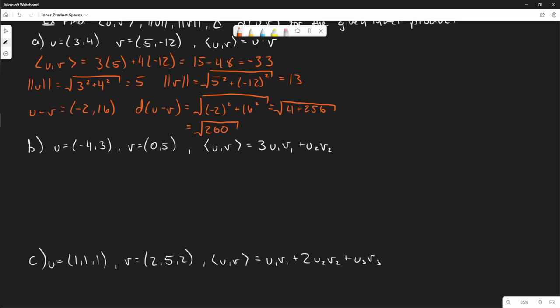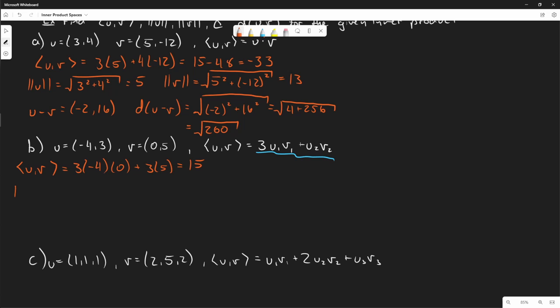So our inner product between them will just be what they tell us here. So this would be 3 times -4 times 0. That just goes to 0. And then 3 times 5, which would just be 15.